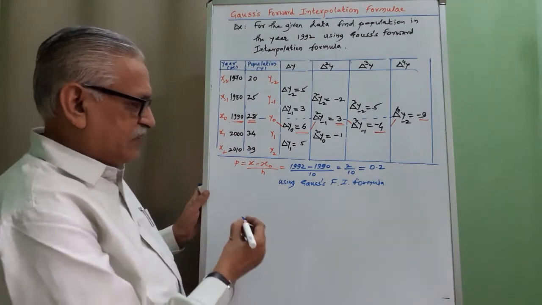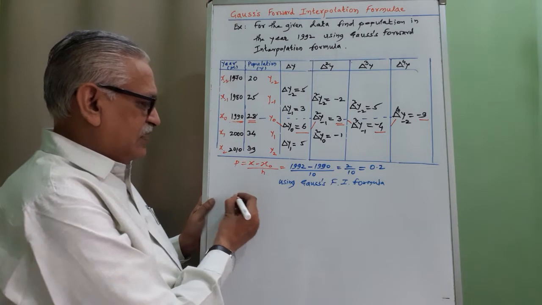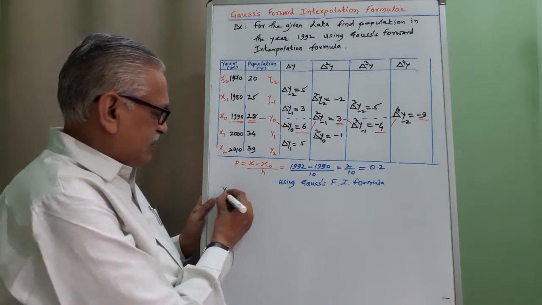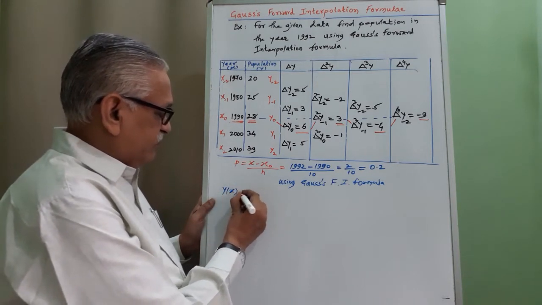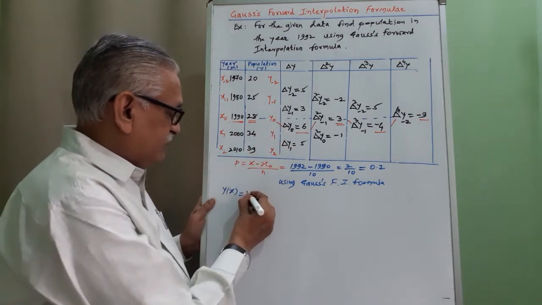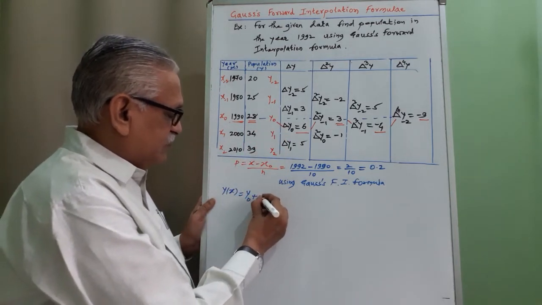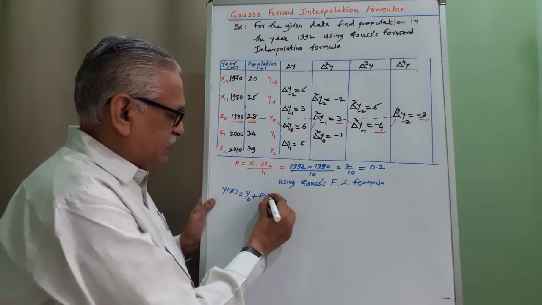I will write down that formula first. y of x is equal to y0 plus p into delta y0.